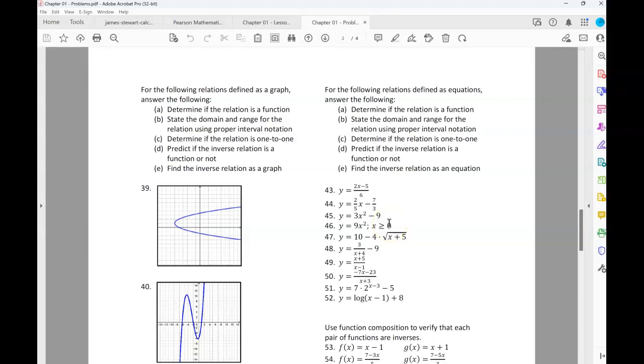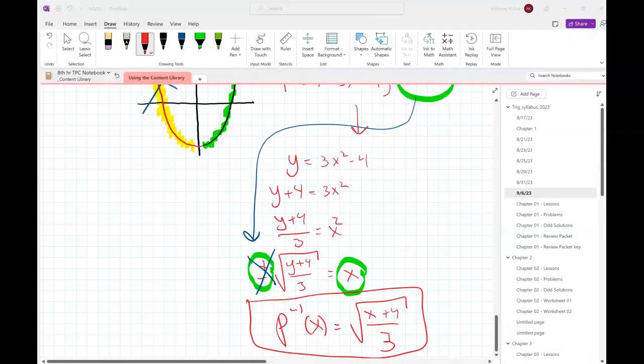So that's the point of what I showed you here: why are we including a condition like that on occasion? It's purely so we can dump the plus or minus and ensure that our inverse will be a function. Does that feel okay? I would not expect you to do your own domain restriction. That, I think, is beyond the scope of what I'd need you to do. But I would expect you to be able to use one to find an inverse, just like we did there.